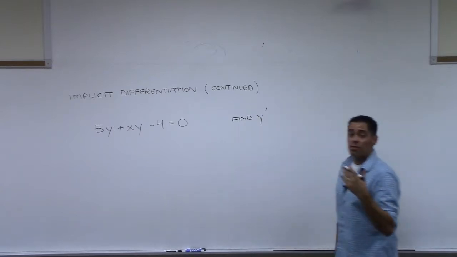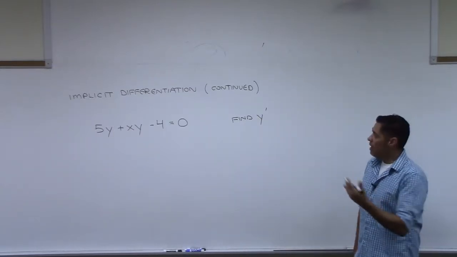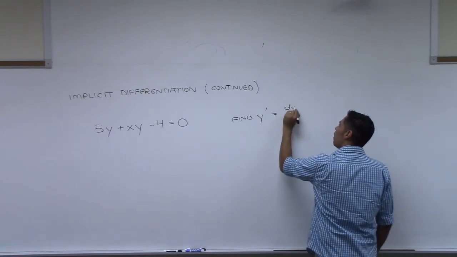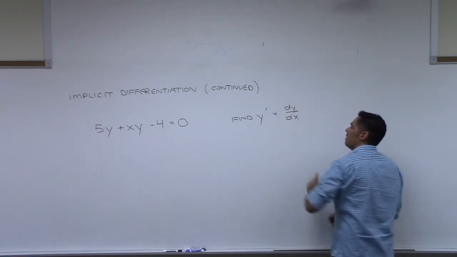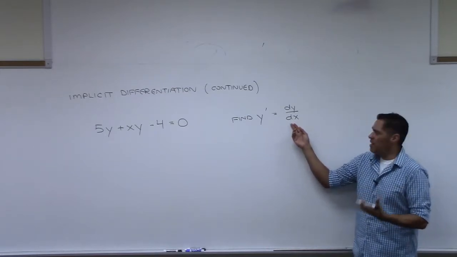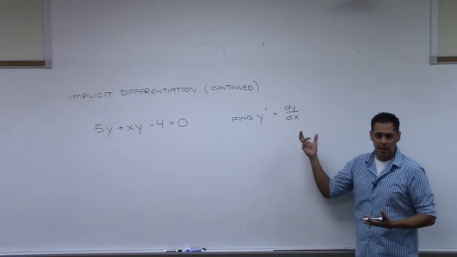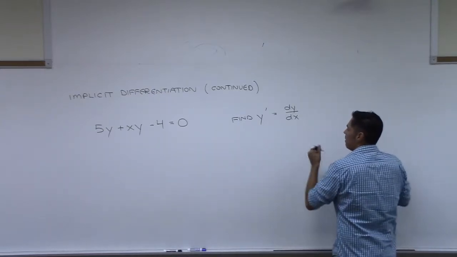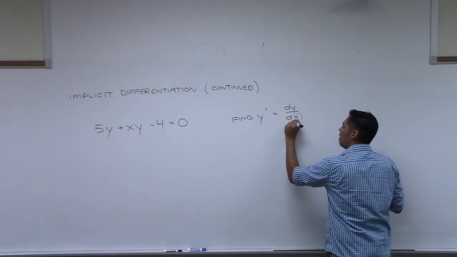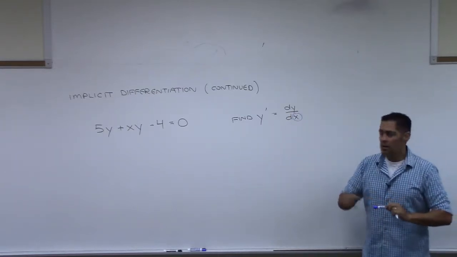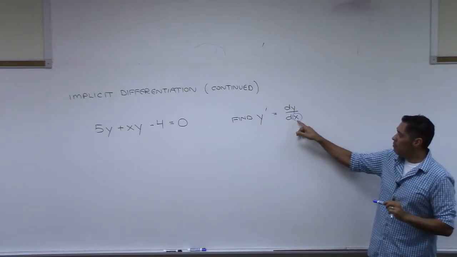And it is understood when I write y prime that what I mean is for you to find dy dx. This is the alternative notation, Leibniz notation, for the same thing. These mean exactly the same thing, right? And I said it was very important for us to understand that the derivative of x would be 1 because we're differentiating with respect to x.